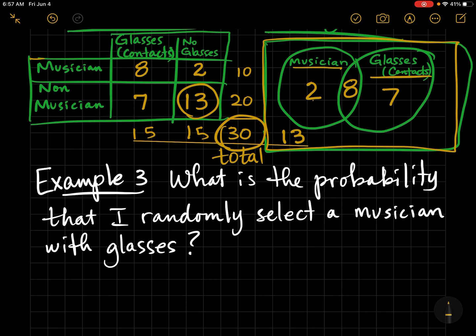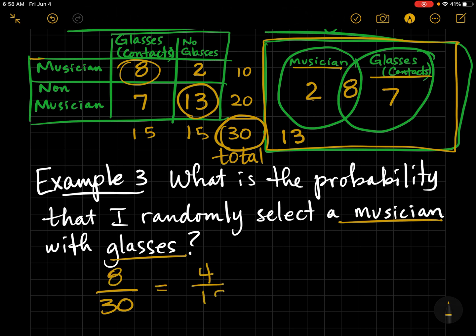What is the probability that I randomly select a musician with glasses? So if I just pick one person at random, and when we say random, that means without bias, being fair, everyone has an equal chance of being selected. Then how many people were in there total? 30 people. How many people are musicians with glasses?